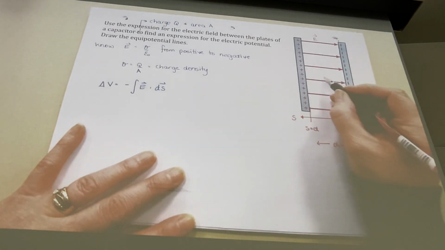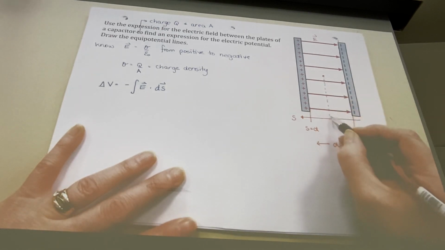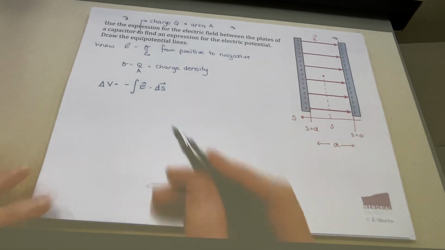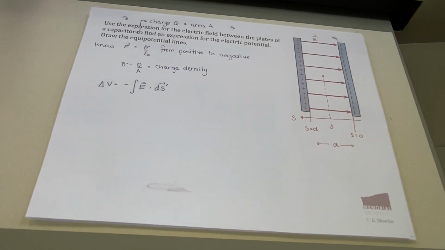We're going to try and find an expression for our potential at some generic point, and we'll call that distance s. Just so we don't get all tangled up with s's and integrals and limits, this ds in our integral, I'm going to put a prime on, ds prime, so I don't get mixed up between what I'm integrating with respect to and what my limits are going to be. So s prime is going to be my path.